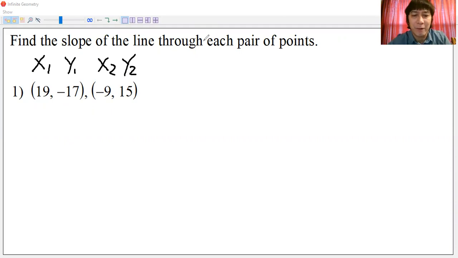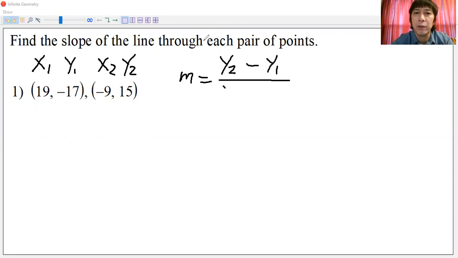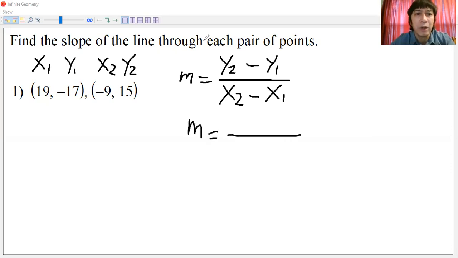Okay, let's start with the formula again. The formula won't change, of course. This will be the slope m, y2 minus y1 divided by x2 minus x1. There, the same formula we were using a while ago. So this will be y2 now. And we have the 15.